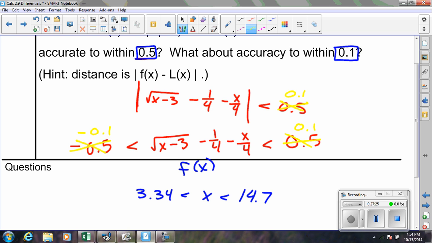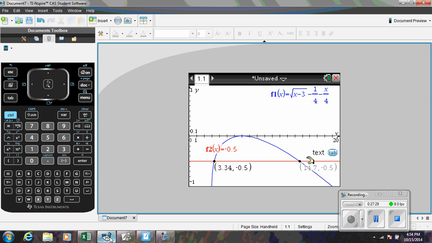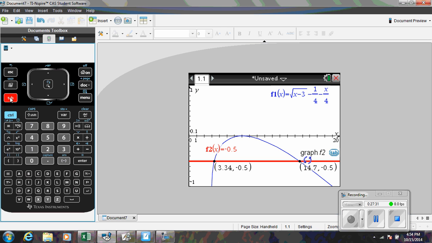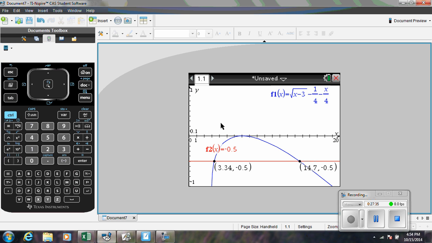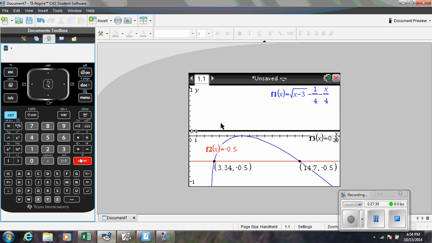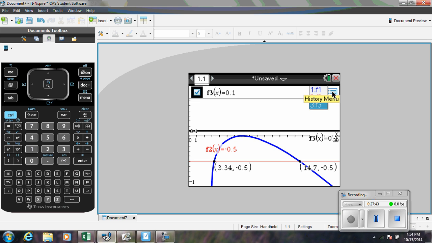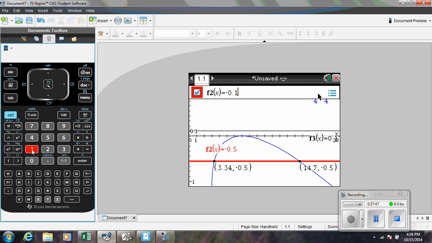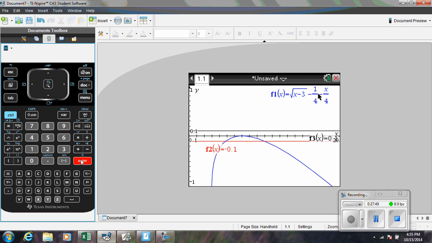And that's only going to change the values on our graph. So tab, we can do the height of 0.1, and I'll go tab, we'll go into my history, and go into this one and change it to negative 0.1, and we can now see the same issue.